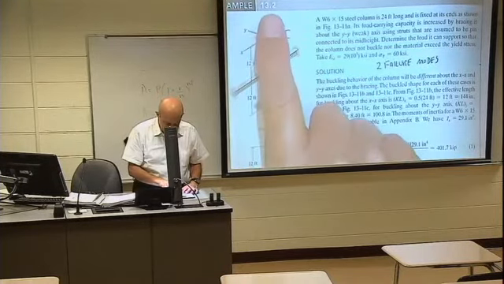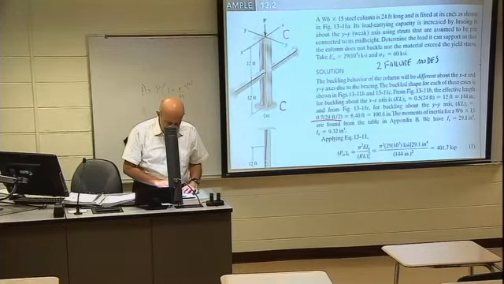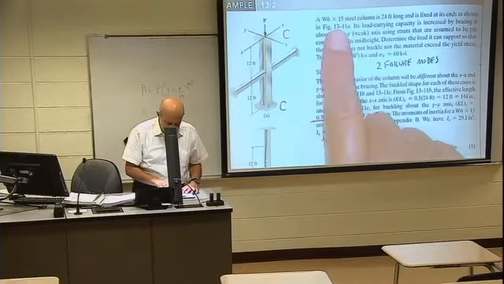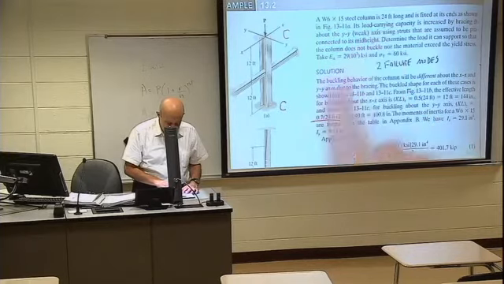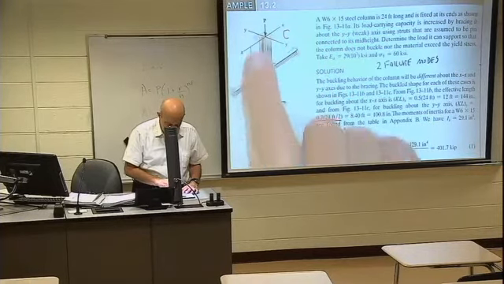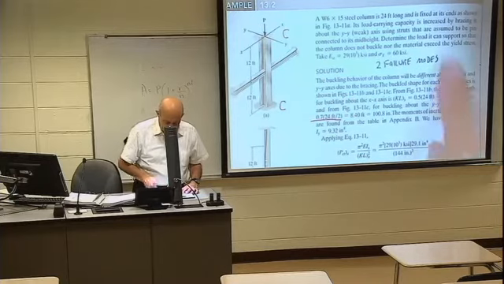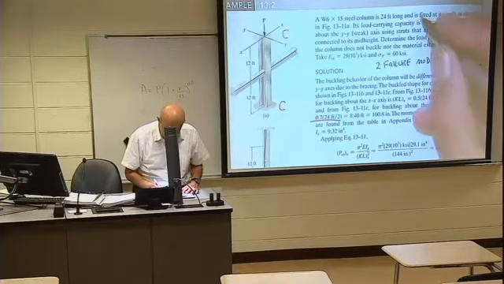So look please. This is example 13.2 from the book. The W6 times 15 steel column is 24 feet long, 12 and 12 here, and is fixed at both ends. Fixed means clamped.